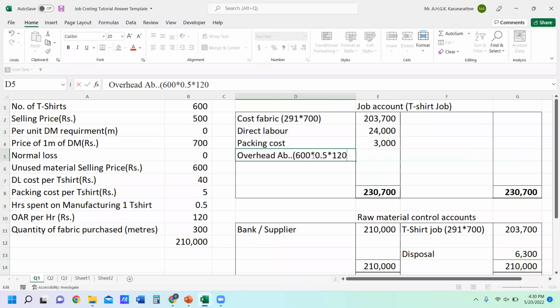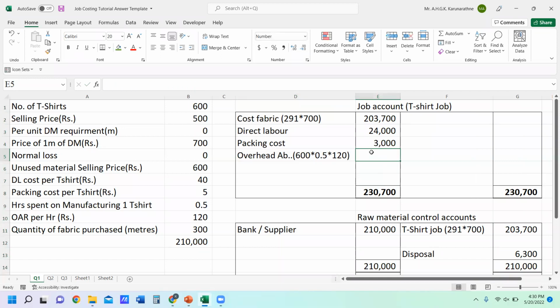The OAR is 120. So 300 hours consumed and the rate per hour is 120.